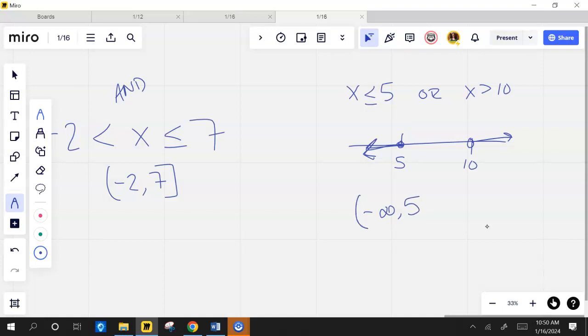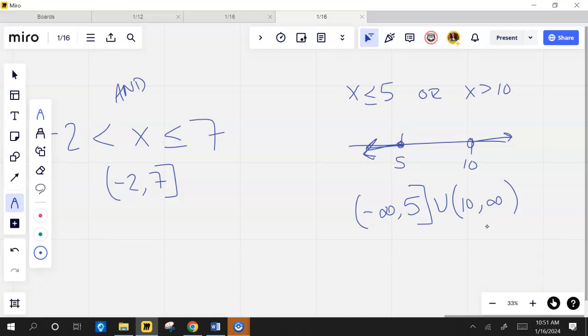So I say from negative infinity to 5, and then what I do is I put a U in here, and I say, okay, now I'm going to stop, but I'm going to pick back up where? At 10. And then I'm going to keep going until I get to infinity. Does that make sense, how I joined those two together? So if there's two pieces you need to join together, you do it with a U.